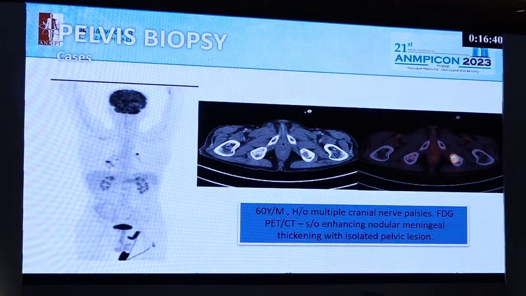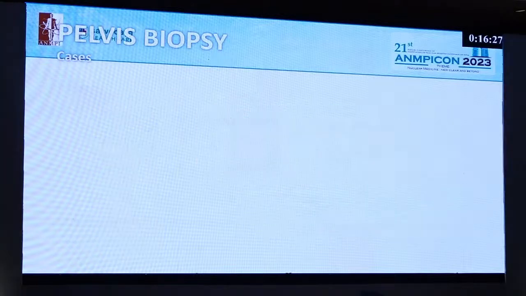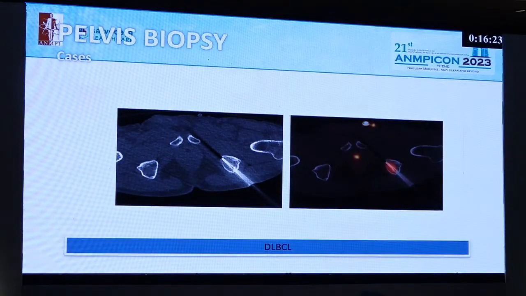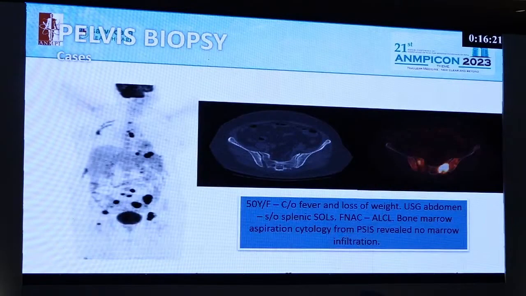We are not only approaching vertebral lesions, we are also approaching other sites. In this case, we are doing the biopsy from the pelvis, using the ischial tuberosity, and the sample turned out to be diffuse large B-cell lymphoma.